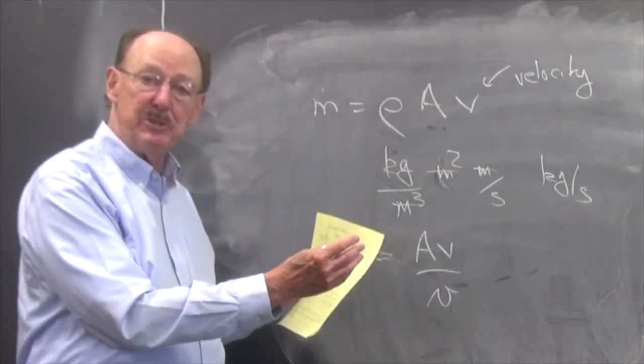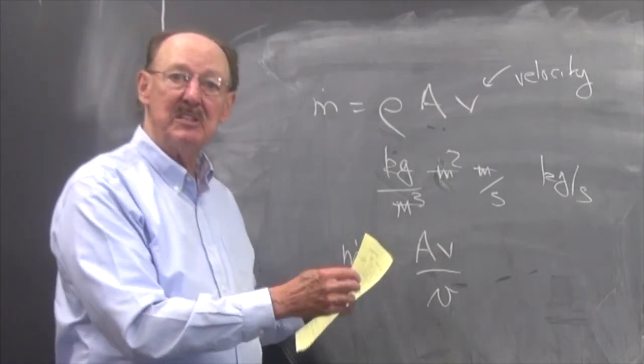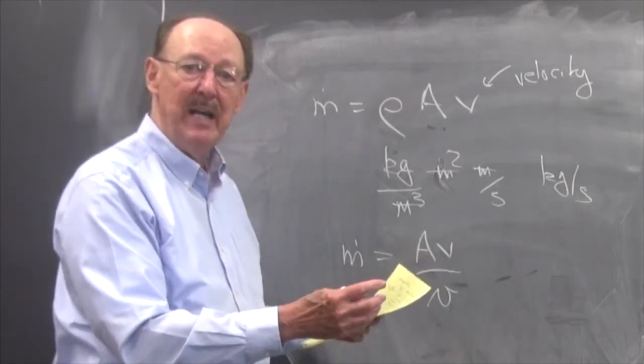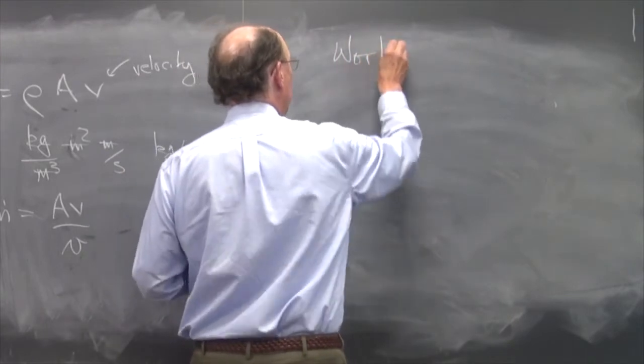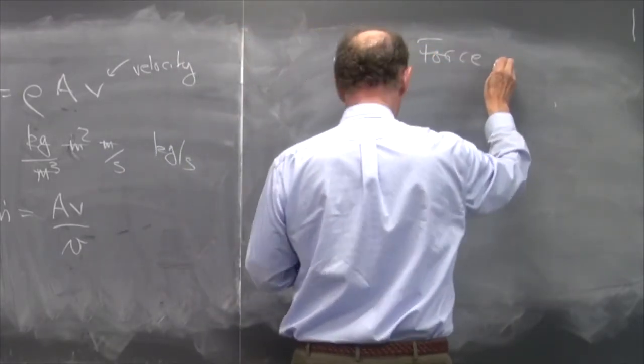Now we're going to transition to the first law of thermodynamics, which is conservation of energy, but first we have to define what the energy terms are, and we will start with work. Work, as you probably know, is force acting through a distance.